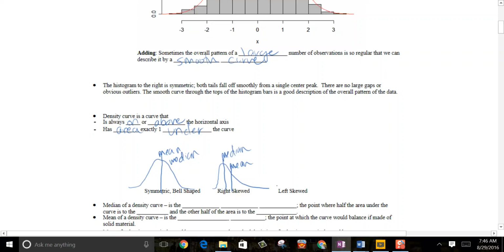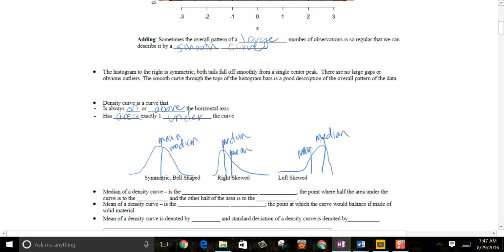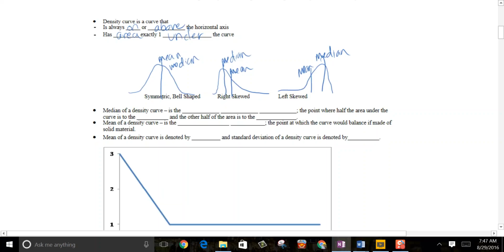And then left skewed has the left tail. The median stays in the center. The mean is going to be to the left of the median. Sorry, hopefully yours look better than mine.